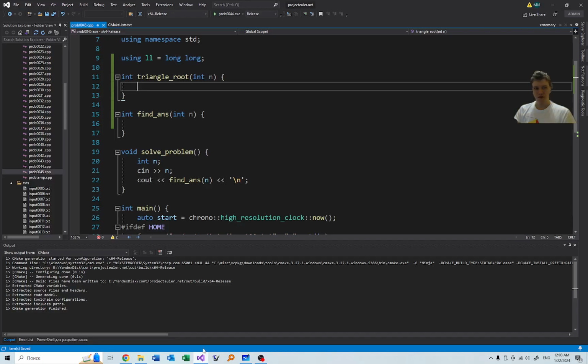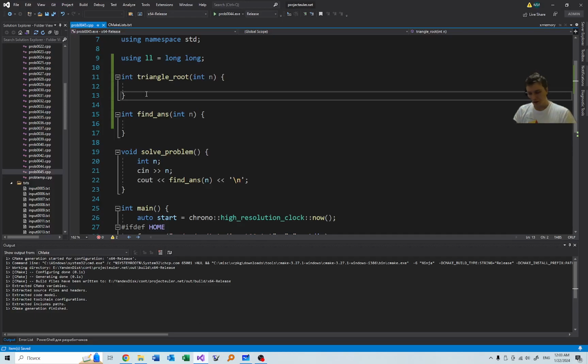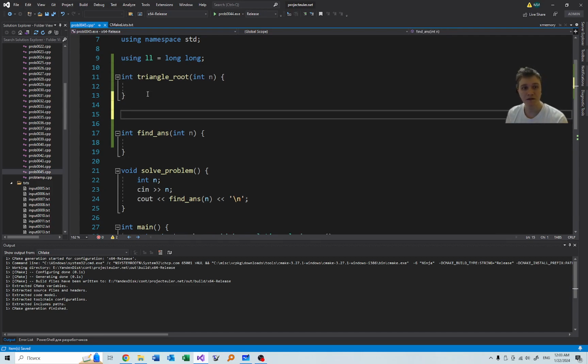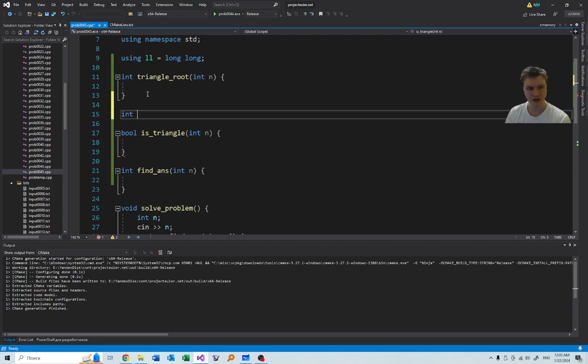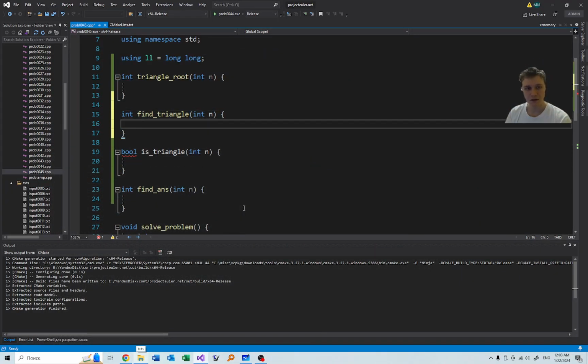If you write this function, then first of all we can check if a number is triangle. To check it, we also need a function find triangle. Let's differentiate between k and n.